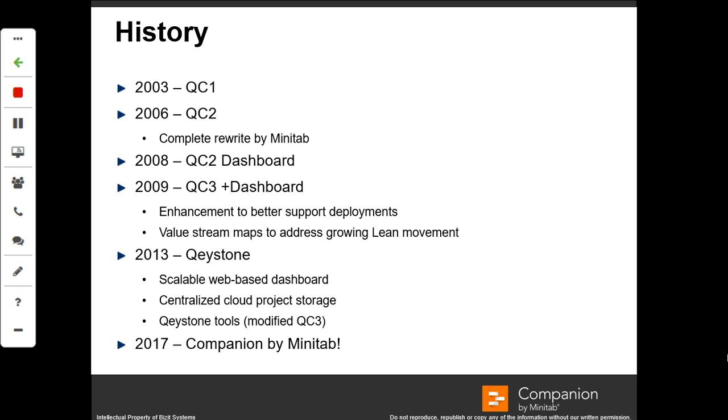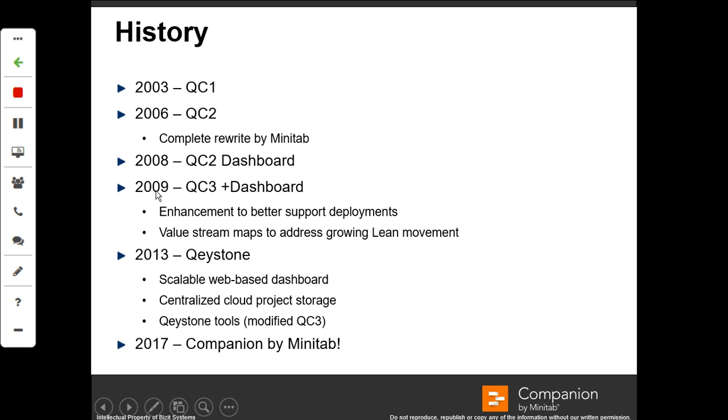And then in 2006, Quality Companion 2 was released after it was completely rewritten by Minitab. And then in 2008, the Quality Companion 2 dashboard was added as an additional tool into the existing Quality Companion 2.